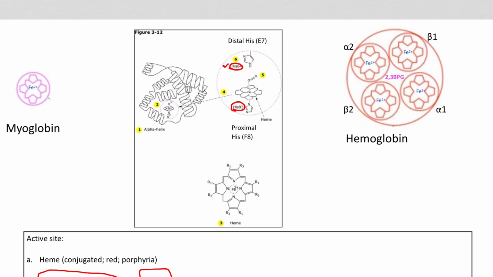Histidine 64 is also called the distal histidine. It's present on helix E, so we can call it the E7, also the E7 histidine. Histidine 93 is called the proximal histidine or the F8 histidine.